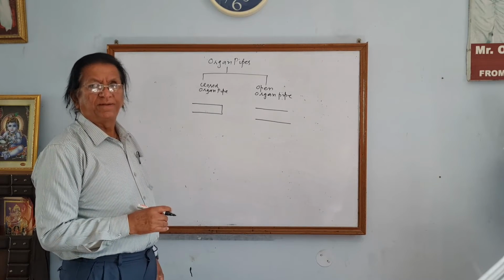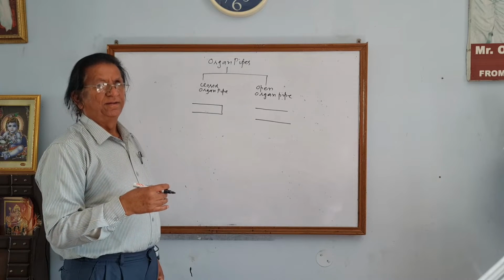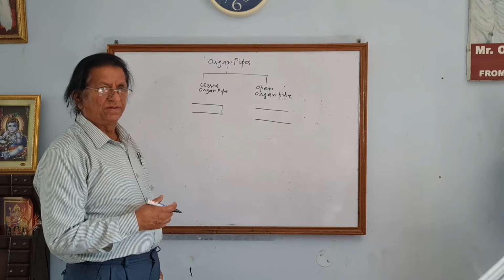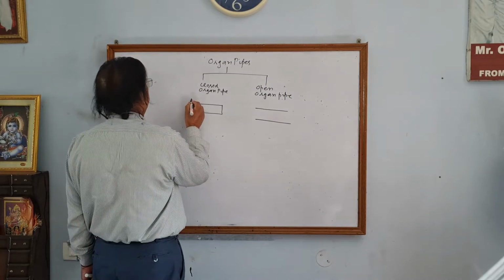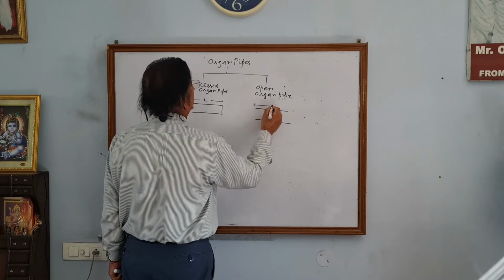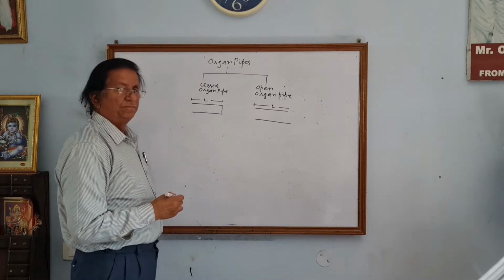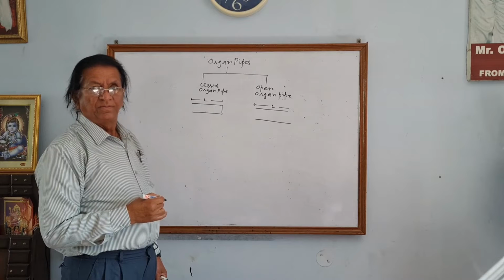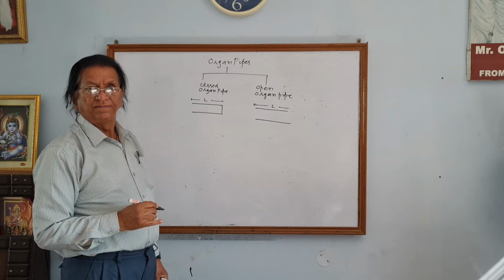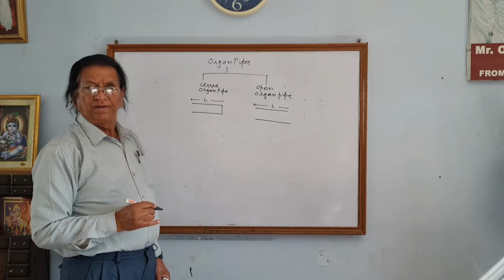And in both organ pipes, we make air to vibrate, to produce a particular frequency. Let us say we have taken both organ pipes of the same length. Open organ pipe and closed organ pipe are of the same length. Clear?